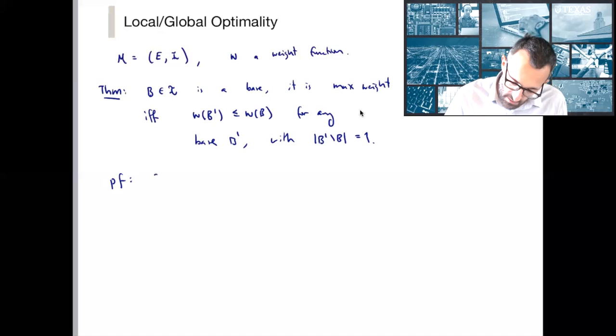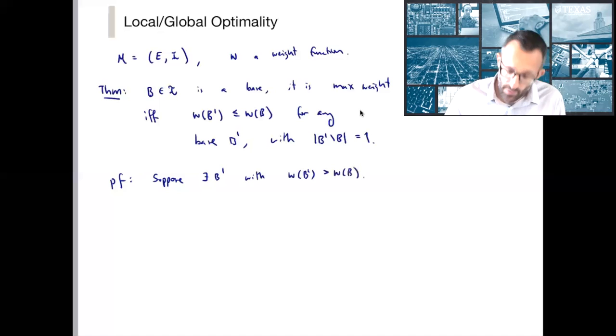So suppose that the conclusion is not correct. So suppose there exists some B dash with bigger weight. Well, then we're going to show that we can find some base that differs by just one element that has a bigger weight than W of B, and therefore the assumption of the theorem doesn't hold.